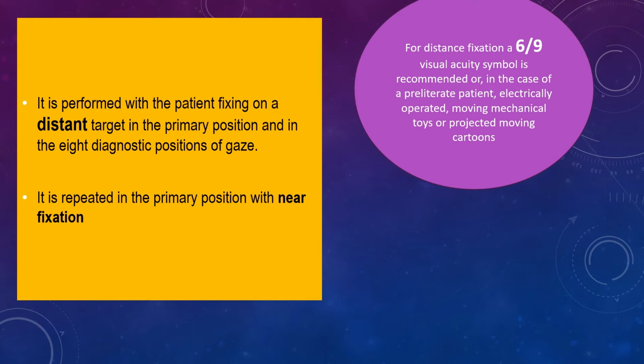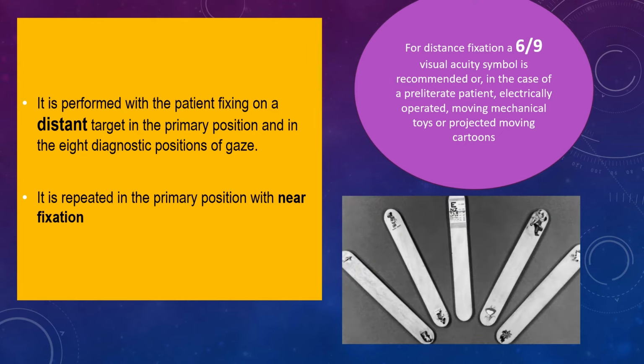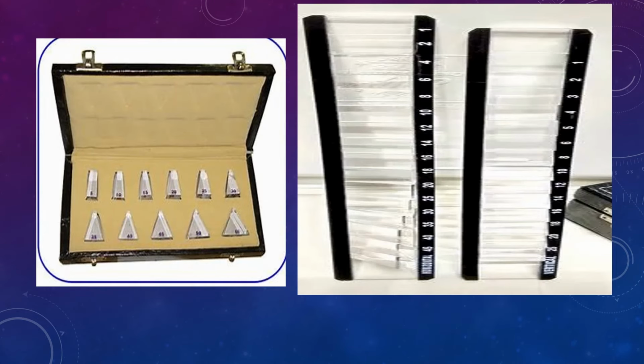Okay, and if the patient is a preliterate patient or kids, then you can use maybe some electronically operated moving mechanical toys or some projected moving cartoons also. For near fixation, usually the distance is about 33 centimeters, and the fixation targets are these tongue depressors or these ice cream sticks onto which you can actually stick these accommodative targets.